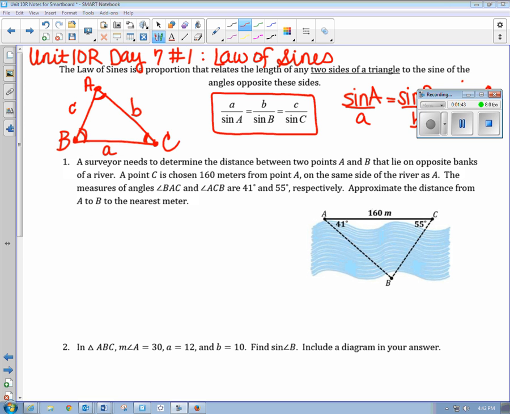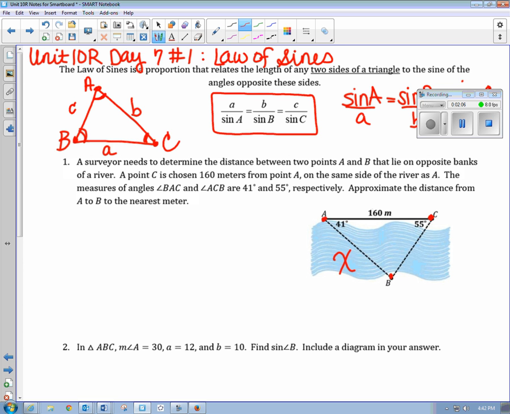It gives us the angle measures. If we're standing either at point A or at point C, the angle measure away from that 160, if you were to envision where a line would go from points A and C over to B. So they give us those angle measures. They want us to find the distance from A to B to the nearest meter. So they're asking for us to find this measurement here.